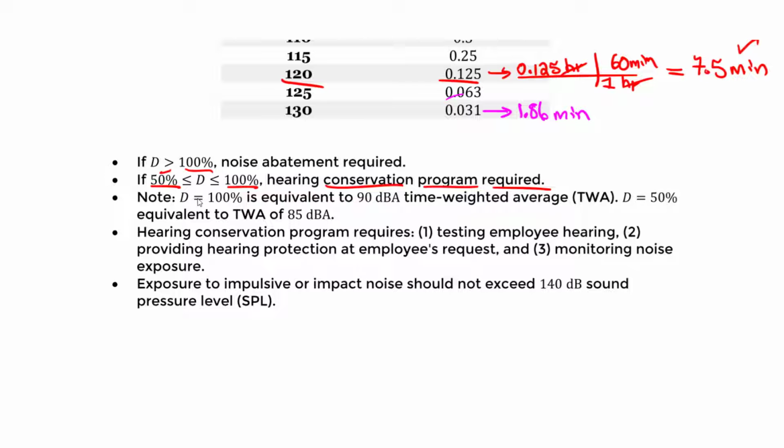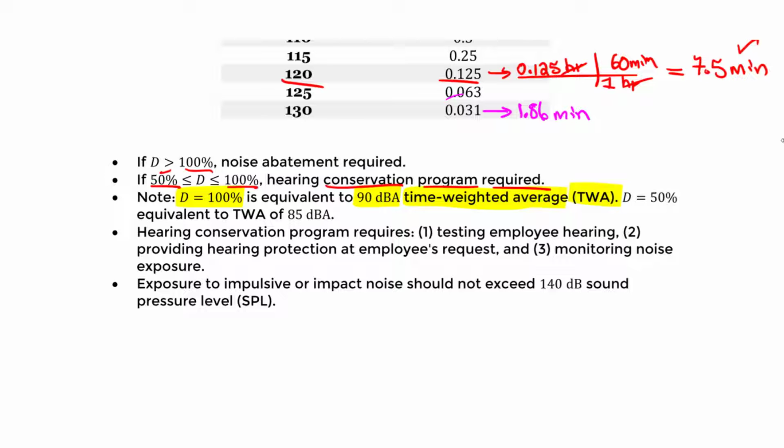Here it says D is 100% equivalent to 90 decibels time weighted average. So we know that D value at 100% is equivalent to 90, and that 90 we know is for 8 hours of exposure time, the time weighted average. There's an equation for the time weighted average, but it's not in the handbook.